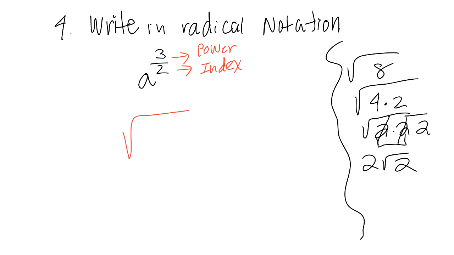Your base goes inside the radical. So a would be inside the radical, and my index is 2, so I don't have to write it. And then I raise it to the power.